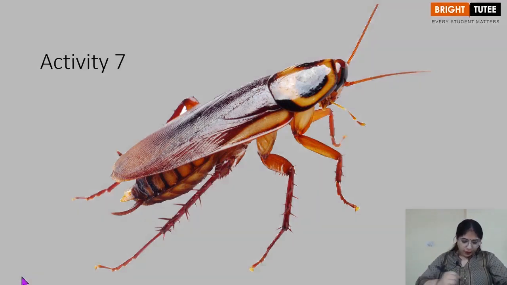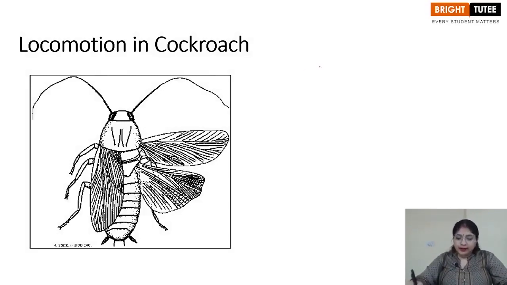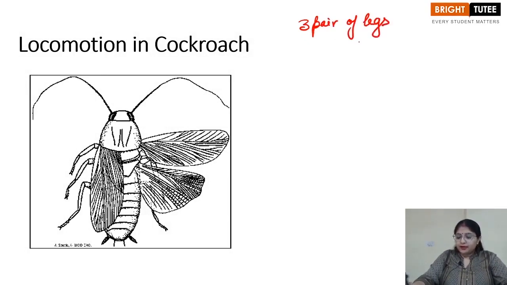So if you look at the body of a cockroach, usually you will find that there are 3 pairs of legs, right? That means 3 pairs over here. As you can see in this diagram, what you will observe is 1, 2 and 3. So 1 over here, 1 on the other side.